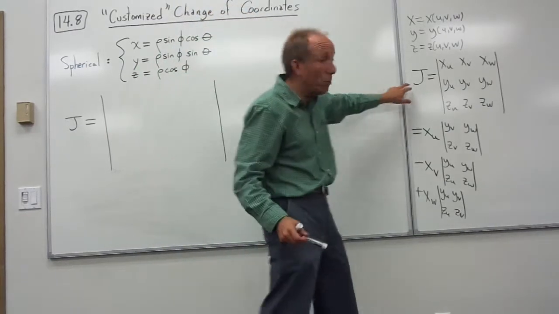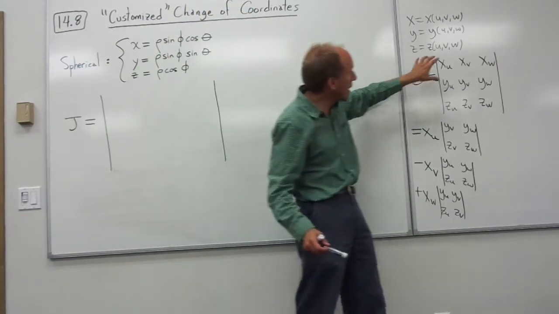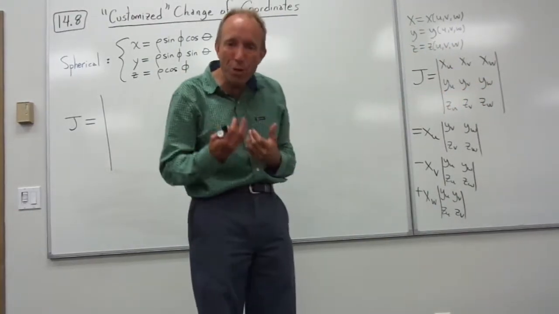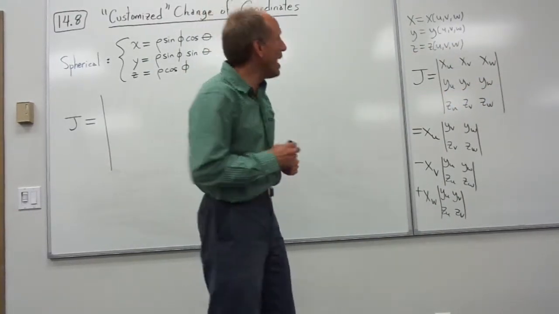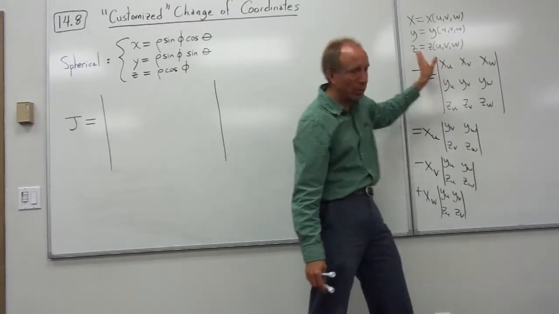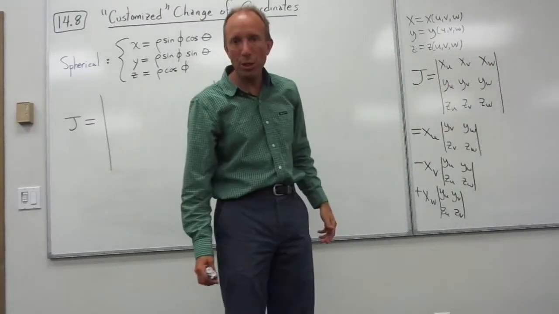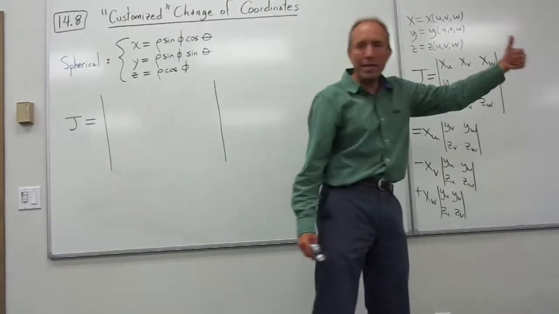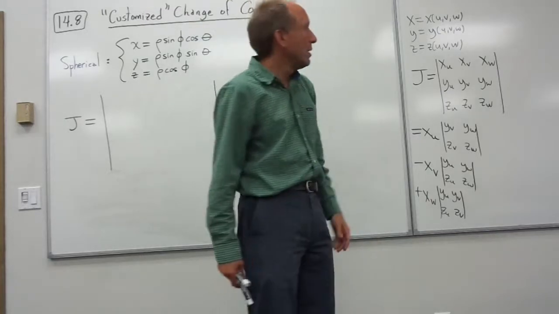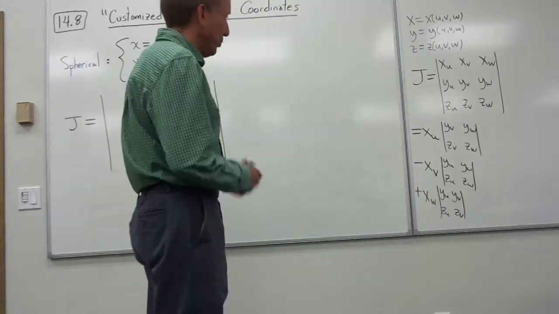It's called the Jacobian. The Jacobian is the price we pay, and it is a sort of a little matrix of partial derivatives. Okay, so we have to take on the first row the partial derivatives of x with respect to u, v, and w. The second row is the same with y, and the third row is the same with z. So this is what we actually have to do.